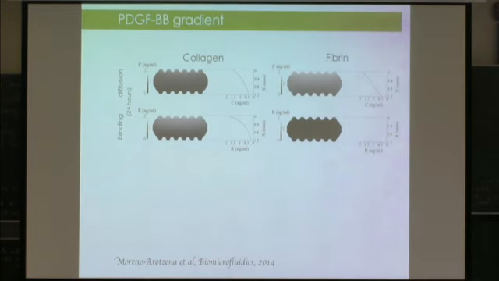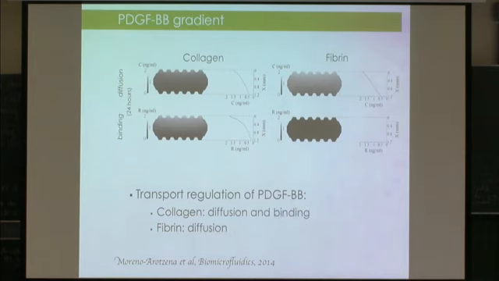So this is the gradient that we have observed in collagen for the factor that is moving, and this is the gradient of the factor that is binding to the matrix. However, in fibrin, this is the gradient for the chemical factor that is moving, but there is no binding in the case of fibrin.